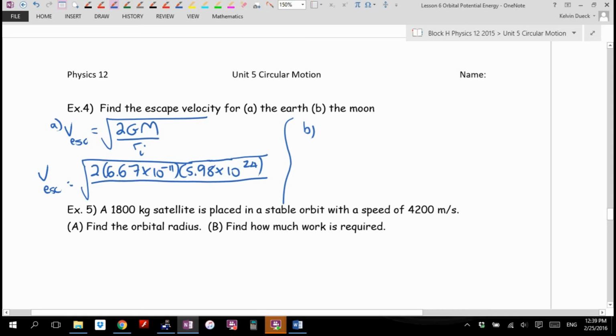Our initial, let's assume we're launching from the surface of the Earth, as opposed to launching from somewhere in orbit, like from a space station or something, let's just launch from the surface. So 6.38 times 10 to the 6th.